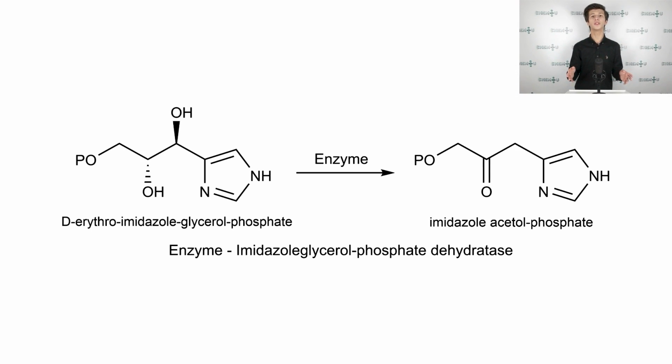It is the conversion of D-erythro-imidazole glycerol phosphate into imidazole acetol phosphate catalyzed by the enzyme imidazole glycerol phosphate dehydratase. Phosphate is denoted as OP. From the name of the enzyme, it is obvious that it is catalyzing a dehydration reaction.